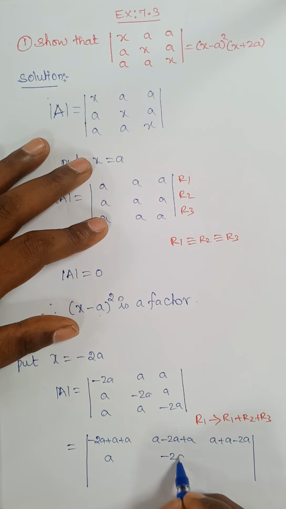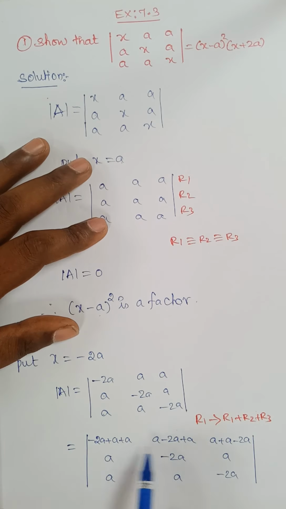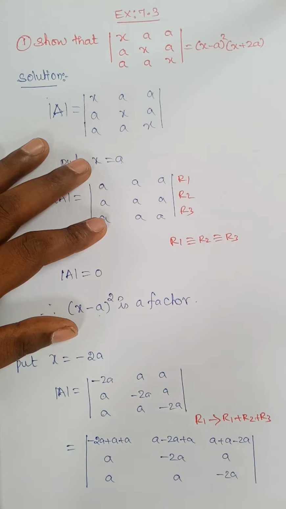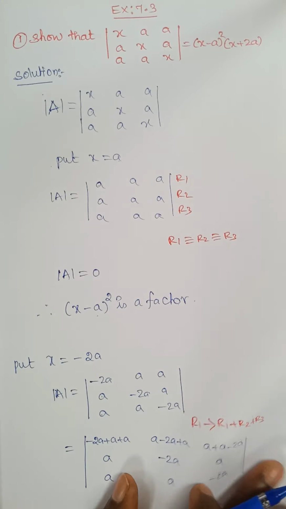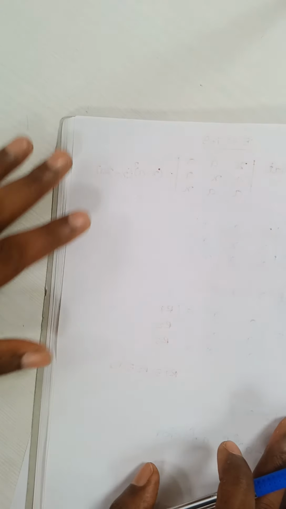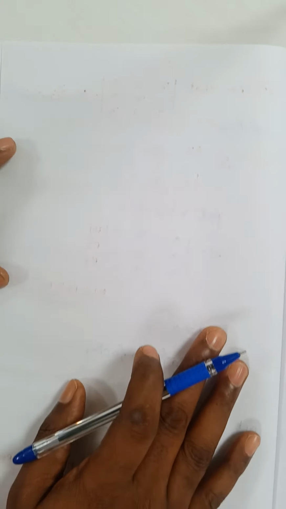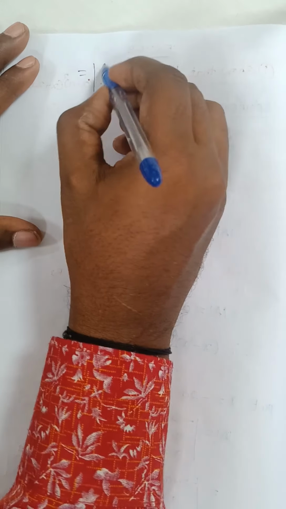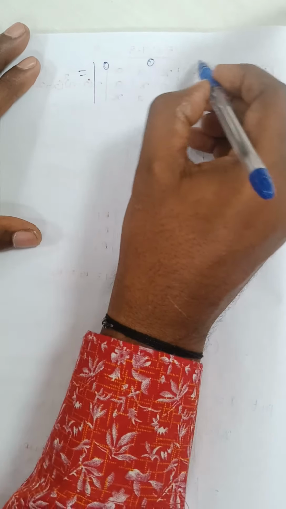Minus 2a plus 2a cancels in each place, so the first row is 0, 0, 0.